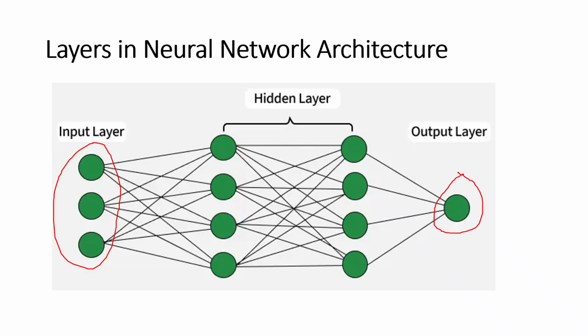Now you can see that in between the input layer and output layer you have something known as the hidden layer. Some neural networks may have a third layer also, known as a hidden layer. For every neural network, an input layer and output layer are mandatory, but in some cases there can be an additional layer known as a hidden layer.